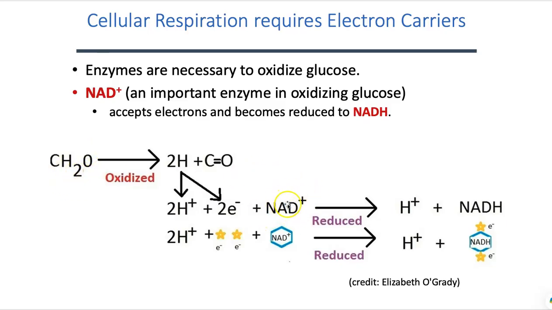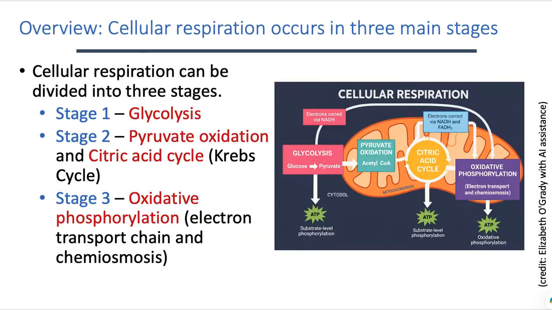So this little NAD+ here, it's a very important little molecule. It will readily accept those electrons and hydrogen ions and become NADH. Ultimately, as we oxidize glucose through these first stages, all of that NADH that's going to be made is going to be used in that last step of oxidative phosphorylation.